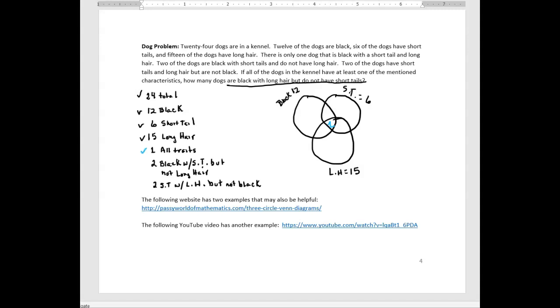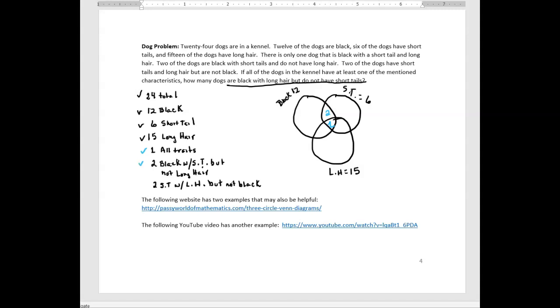Now we have to be careful with this one. So this time it's 2 that are black with short tails, but not long hair. So black short tail, that would be this whole region here. We would put a 1 right here, but it's also saying not long hair, so we know that the 2 is just in that region right here.